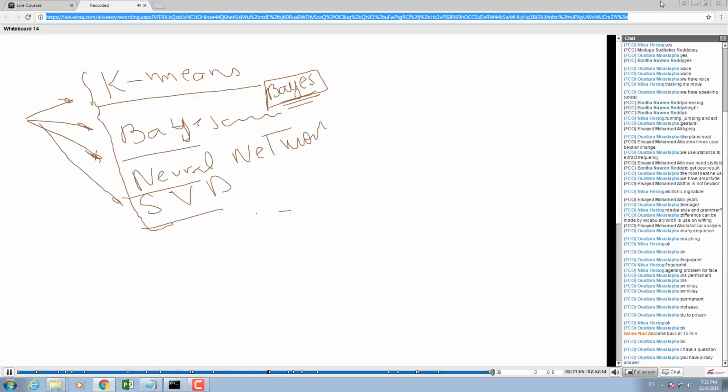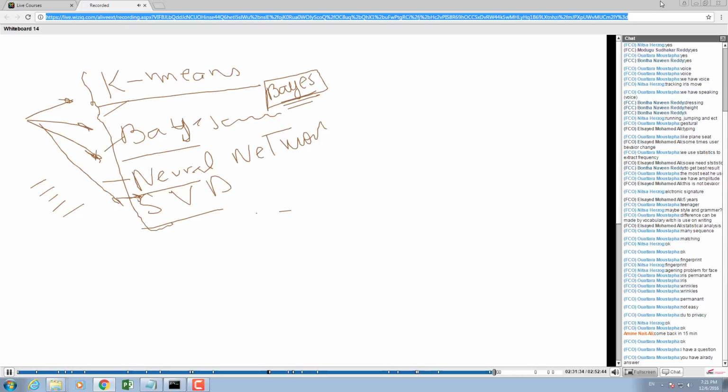Bayesian is from Bayes. It's connected to probabilities. It's the name of someone, of course. That's why we call them Bayesian methods, Bayesian approaches, and so on.